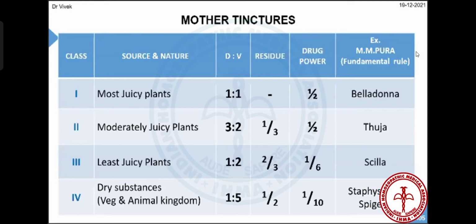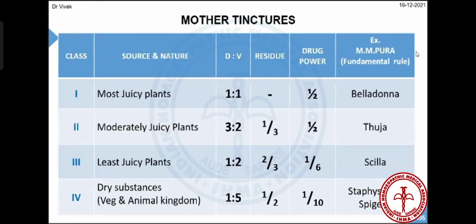Class 4 mother tincture preparation is mentioned under Staphysagria and Spigelia. Those are dry plants and fresh or dry animals. The drug vehicle ratio is 1:5 and the drug strength is 1/10.